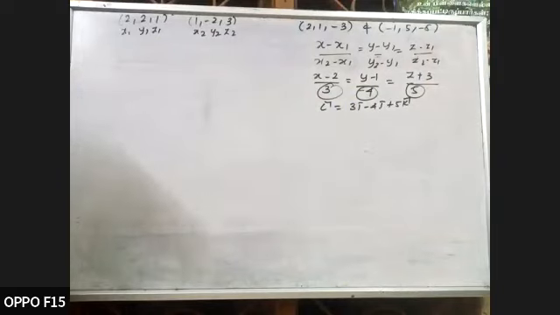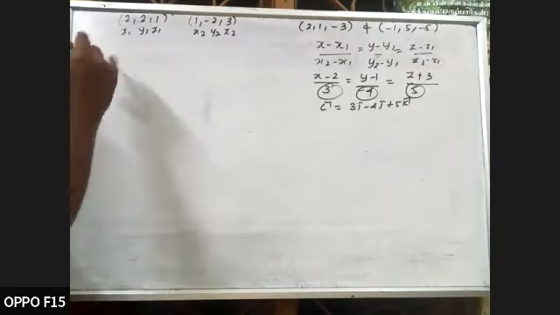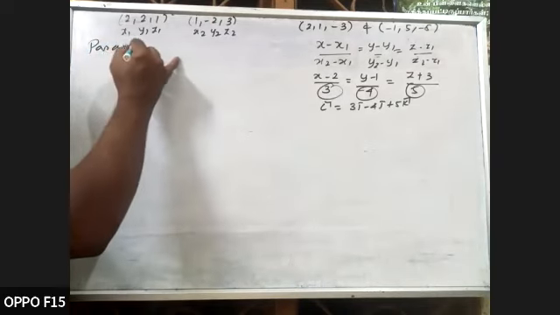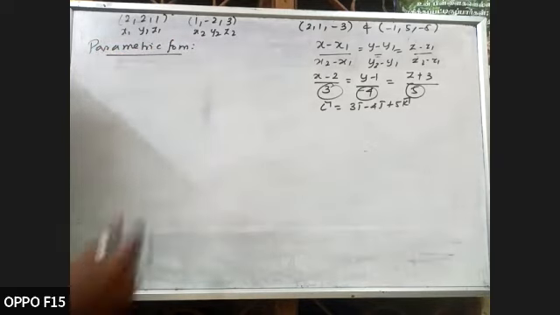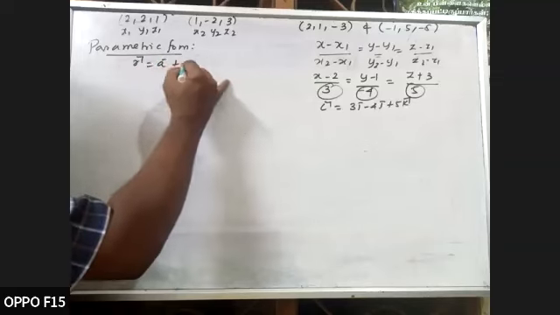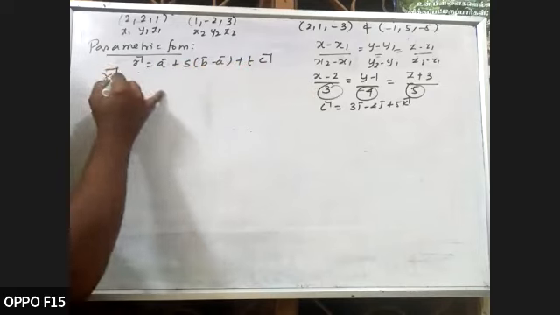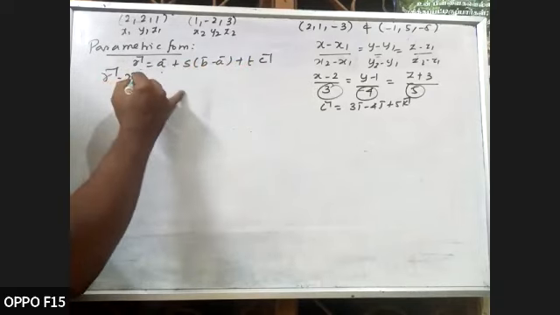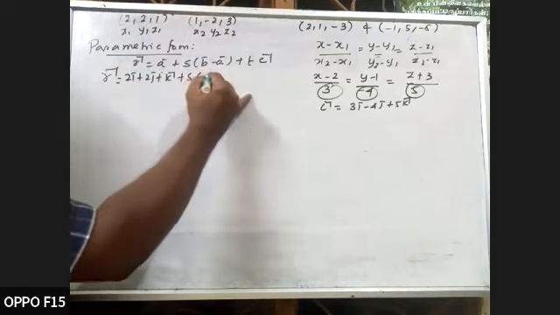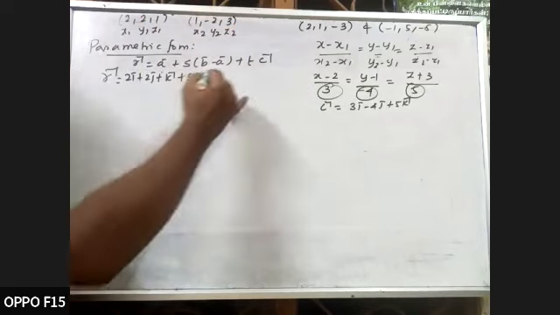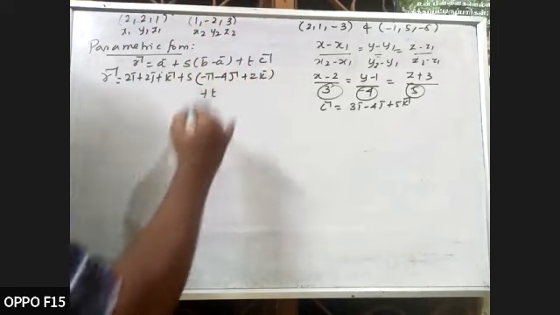Appo இது என்ன கண்டிஷன்? Passing through 2 points and parallel to one vector. யாரா ஒருத்தர் சொல்ல முடியும் what is the parametric form vector equation la? What is the parametric form passing through? Just now the last problem, similar to the last problem, I can write r vector is equal to a vector plus s into b minus a vector plus t into c vector. Your r vector is equal to a vector 2i plus 2j plus k vector plus s into b minus a: minus i vector, minus 4j vector, plus 2k vector, plus t into c vector.